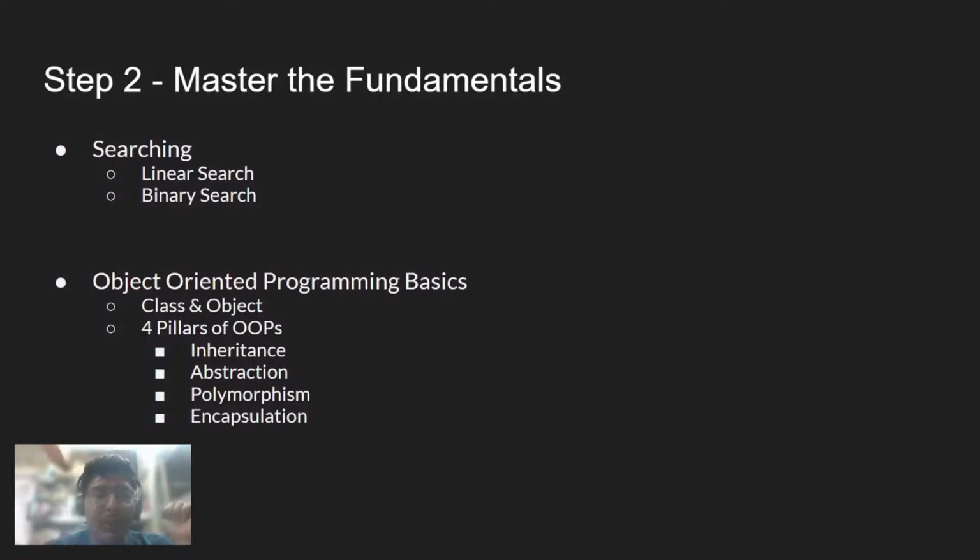But usually, when you start your DSA journey, this is something that you learn towards the end of the fundamental stage, because when you go forward to the intermediate stages, there will be questions and topics which will involve OOPS. So it is important that you have at least the basic knowledge of it. What are classes, how are objects created, and obviously these four pillars of OOPS that I've listed here: inheritance, abstraction, polymorphism, and encapsulation. These are extremely important.